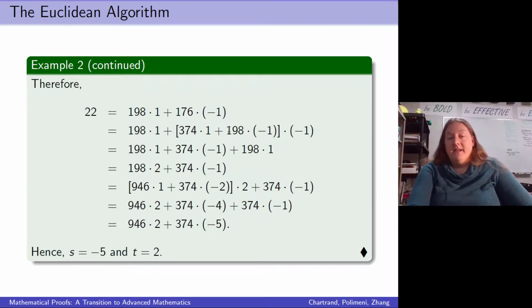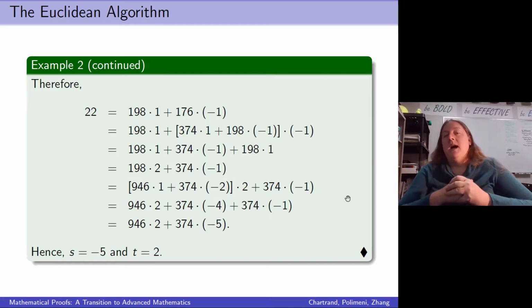We substitute that in, and then we'll simplify everything, and then we'll do a substitution for 198, and then we'll simplify everything, and then we'll be done. We have that 946 times 2 plus 374 times negative 5 actually equals our GCD of 22.